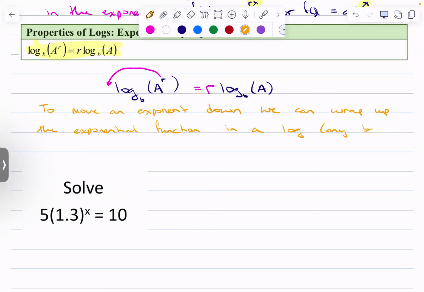And I'll say any base, which is why we have log base b here to indicate that it doesn't matter what base you use. And that will bring the exponent down, and now it's multiplying the log.